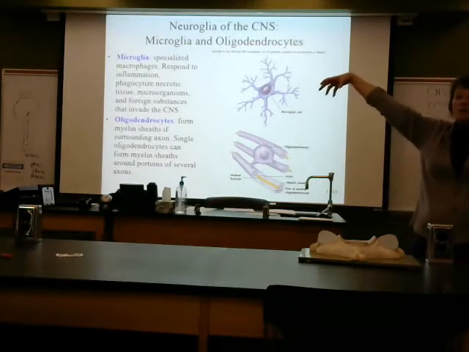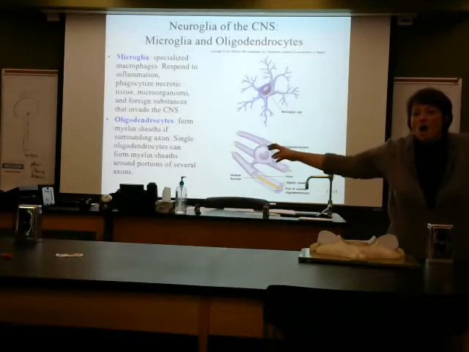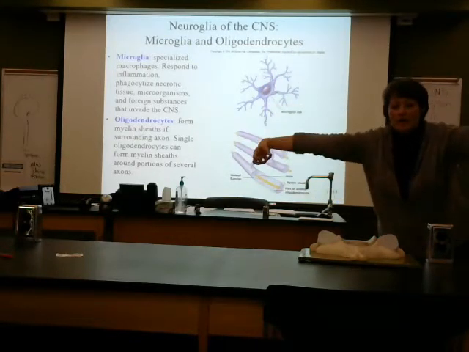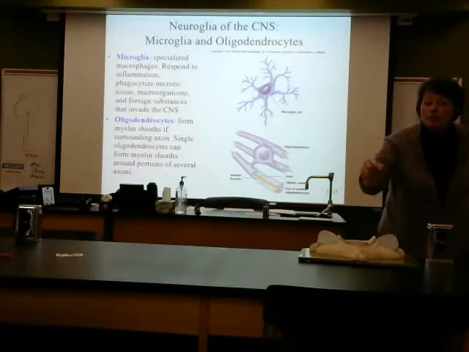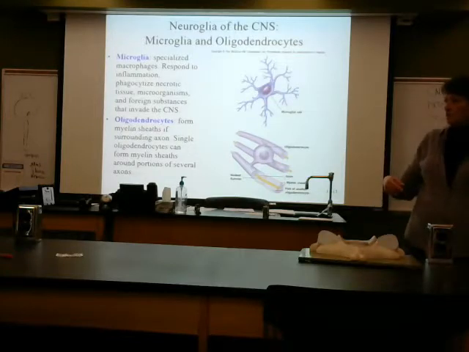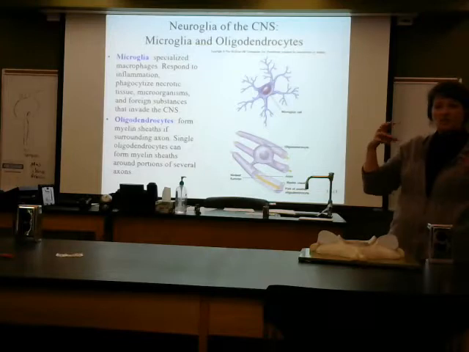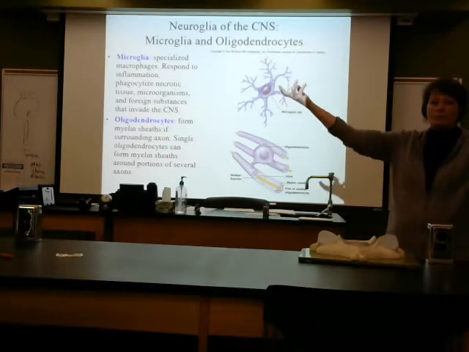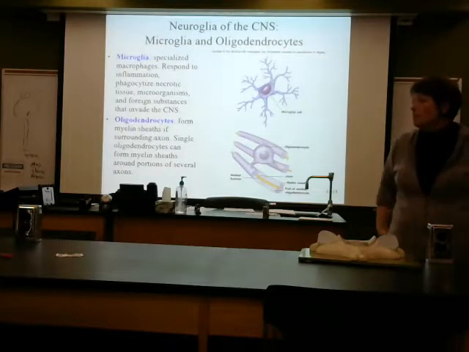That one cell can have many extensions, all going to wrap around an axon within the brain or the spinal cord. Does that make sense? So that one cell can have all these different extensions branching out to wrap.